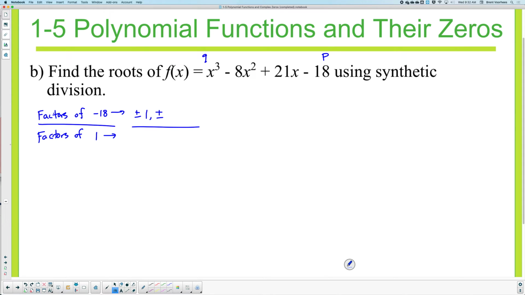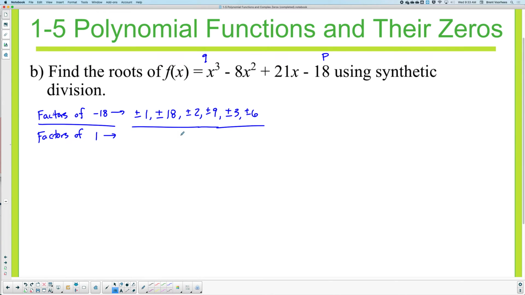And the reason it's plus or minus is it could be a negative 1 times a positive 18 or a positive 1 times a negative 18. Okay, anything else? 2 times 9, good. So plus or minus 9. 3 and 6. Again, our list is adding up. Can 4 go into 18? 5, 6. Yeah, now once I say 6, we're repeating, so I can stop there.